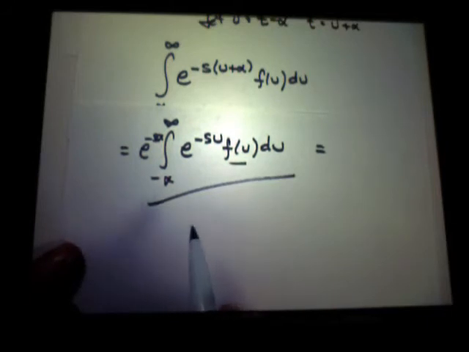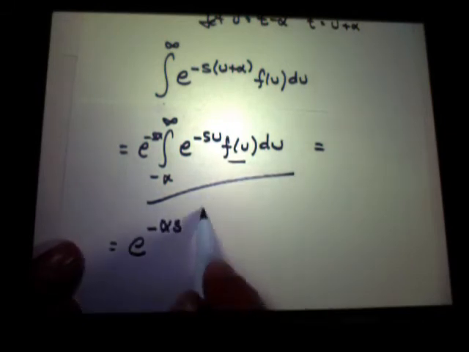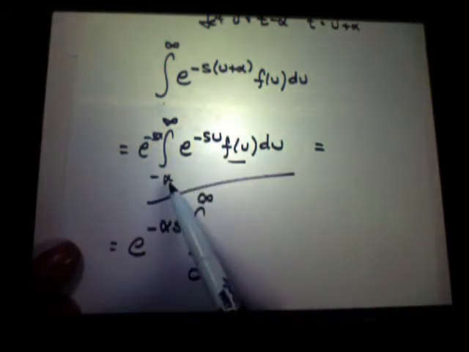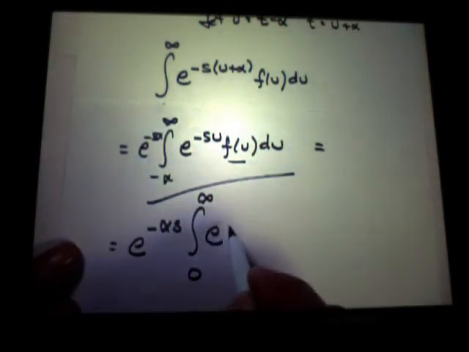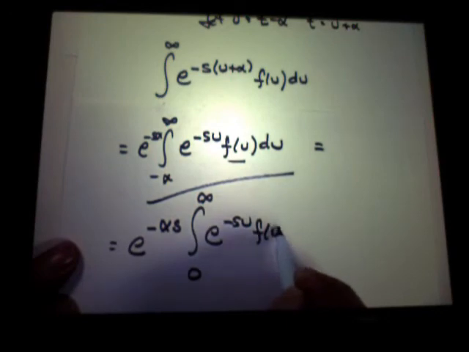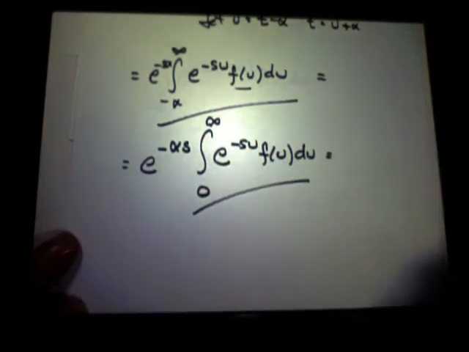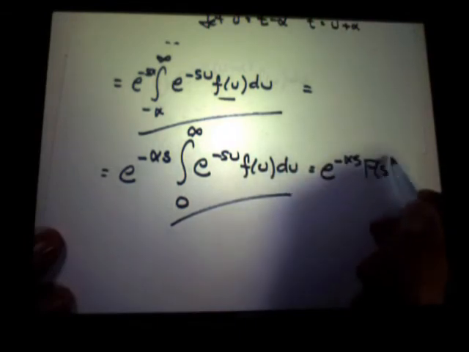What's that one? E to the minus alpha s. And now I'm writing 0 to infinity instead of minus alpha to infinity because the function between minus alpha and 0 is 0. So that's the Laplace transform of f, right? So it's e to the minus alpha s F of s.